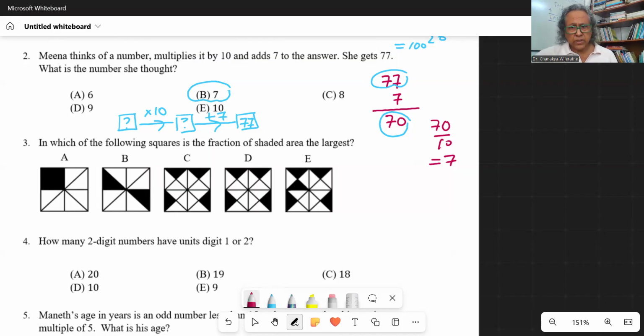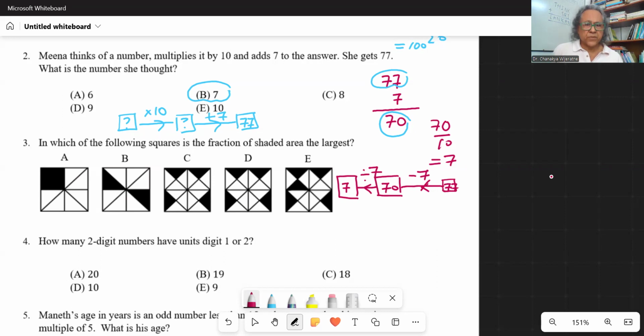We started with 77, and then we reverse the second action by subtracting 7, and we got 70. And then we found the number she thought of by reversing the first action, dividing by 10. So she thought of 7, right?